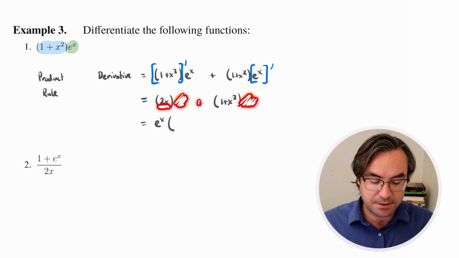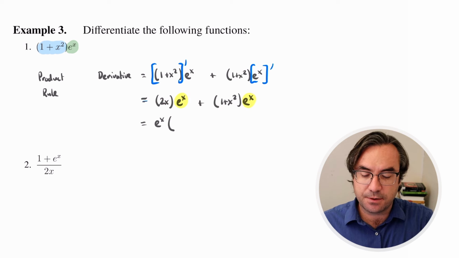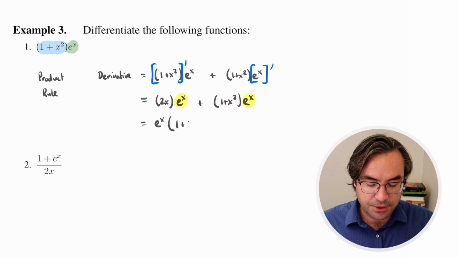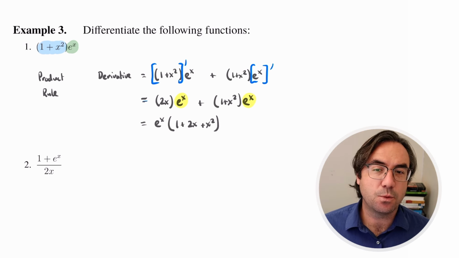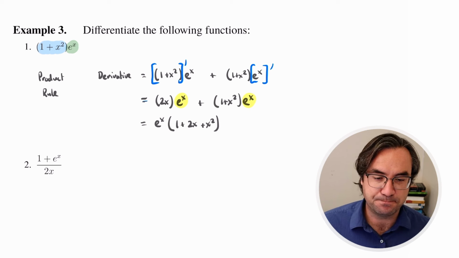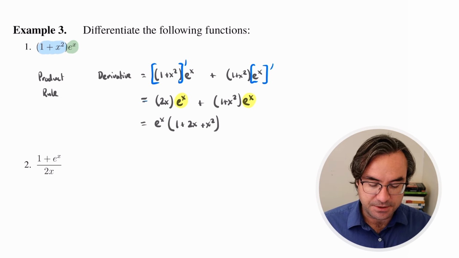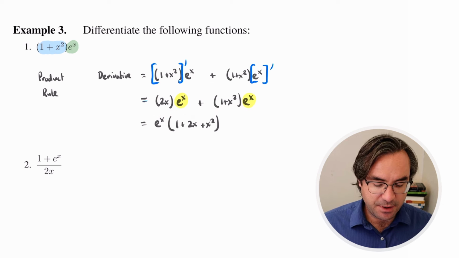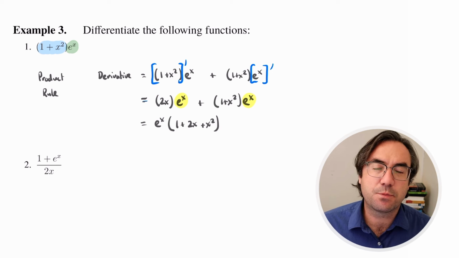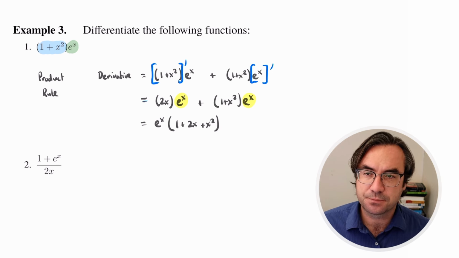Well, we have a 2x plus 1 plus x squared. And if we rearrange the terms, just to make them go in order, we have e to the x times (1 plus 2x plus x squared). All right, so again, perfectly fine if we're just differentiating to leave it there. But if we wanted to do stuff with the derivative, you'd probably want to factor it like that.